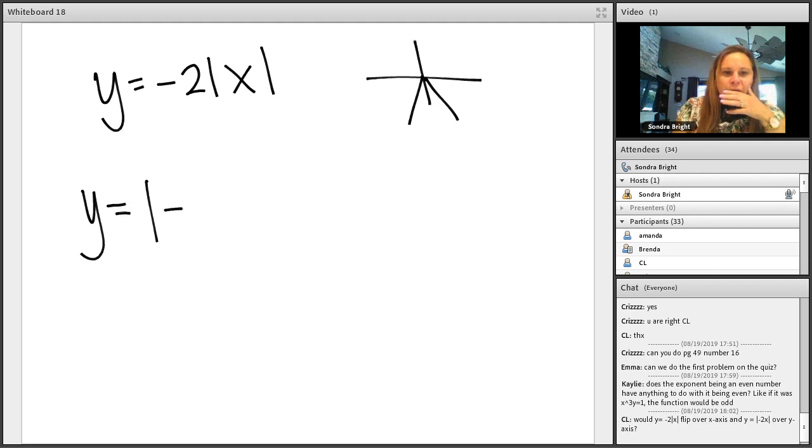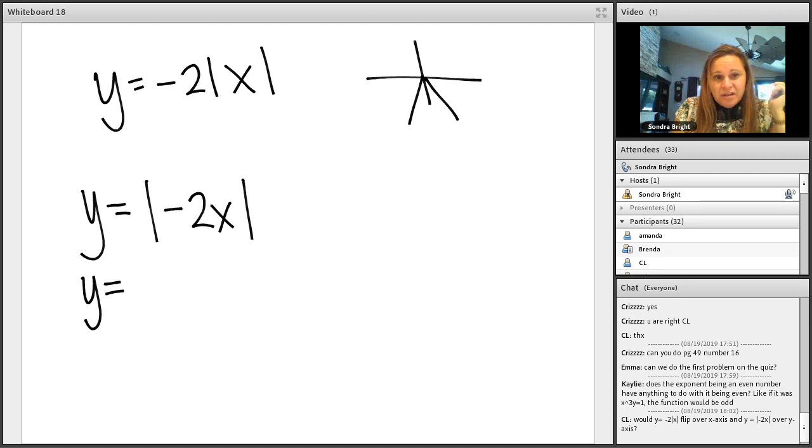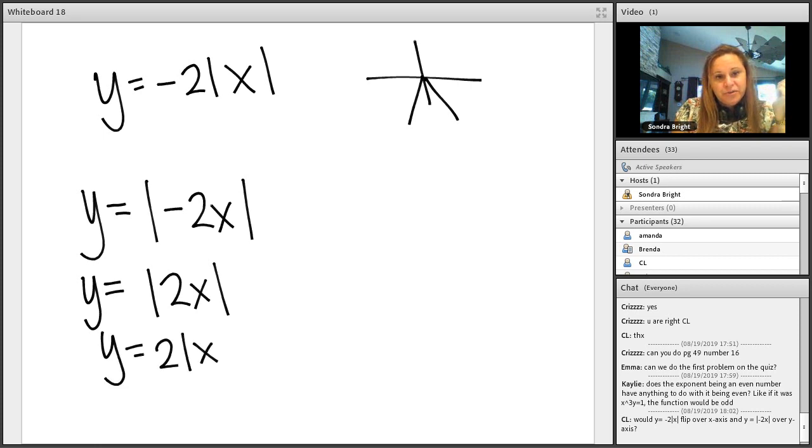But look at y equals absolute value of negative 2x, inside. So would it flip over the y-axis? Yeah, technically, but do you see that this is equivalent to that, which is also equivalent to this? The absolute value of negative 2 is positive 2, and 2 doesn't affect it. And so the graph of this is this.